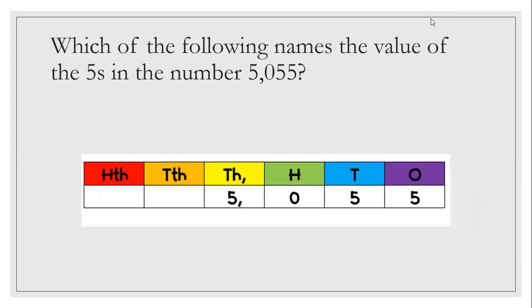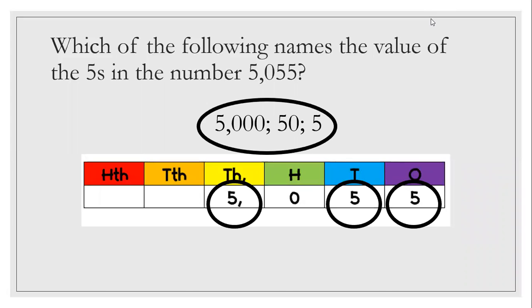So if we look at all the digits that are 5s, we see that we have 1 in the thousands place, 1 in the tens place, and 1 in the ones place. So we're looking at 5,000 in the thousands place, 50 in the tens place, and 5 in the ones place. Those are the values.